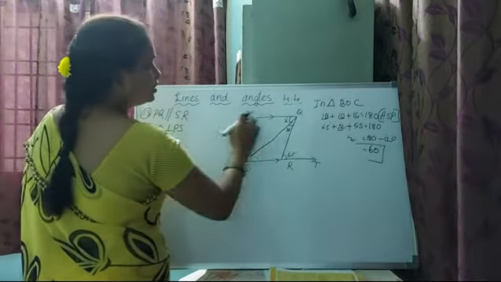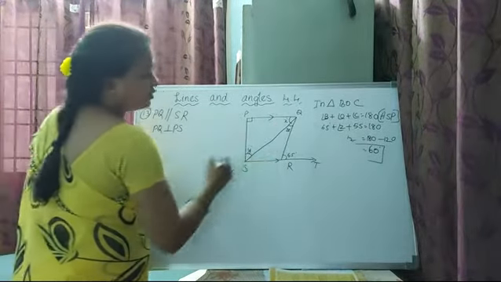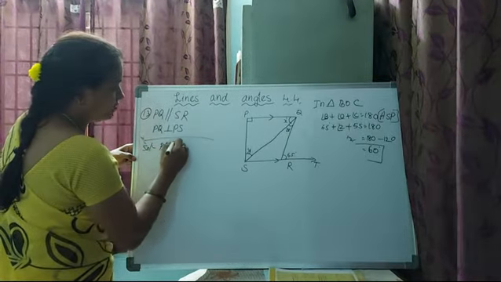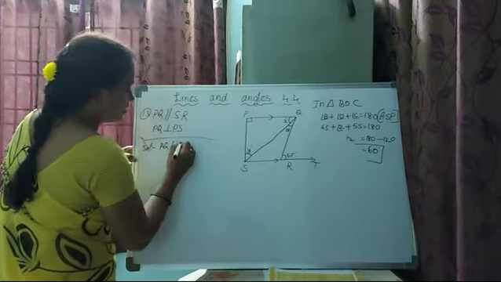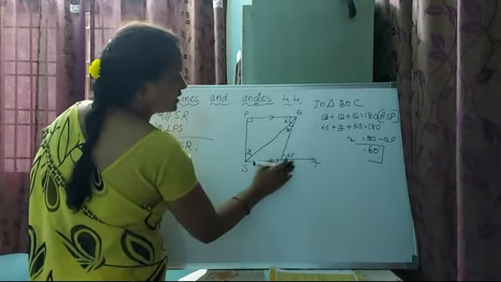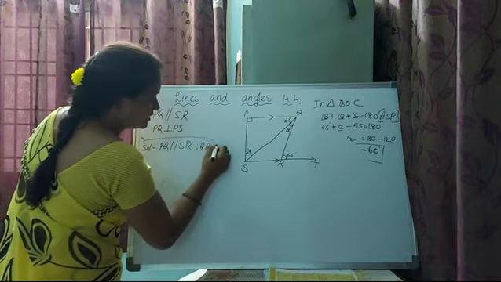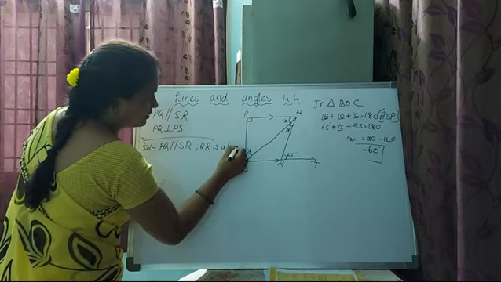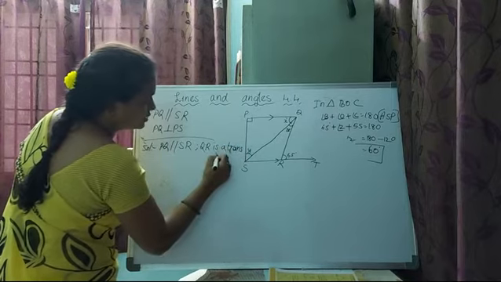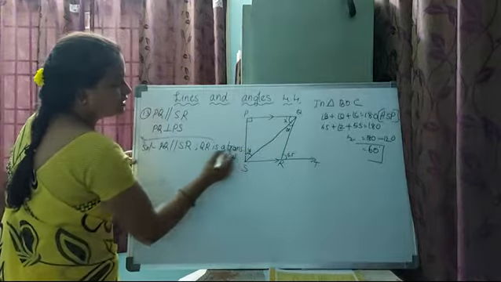Now the solution. See, PQ is parallel to SR, and QR is a transversal.